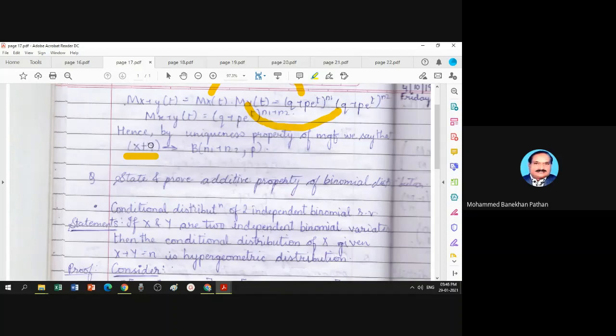So 0 minus 1 will take the value minus 1, and minus 1 is not allowed for a binomial random variable.